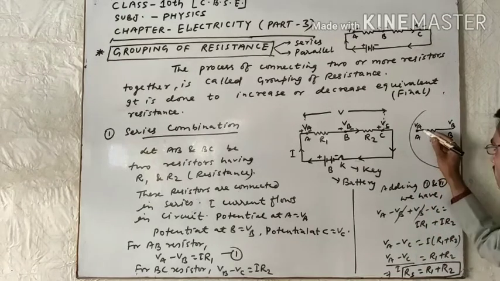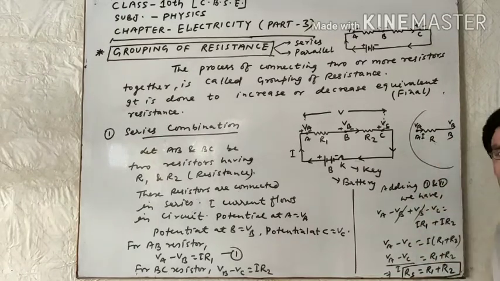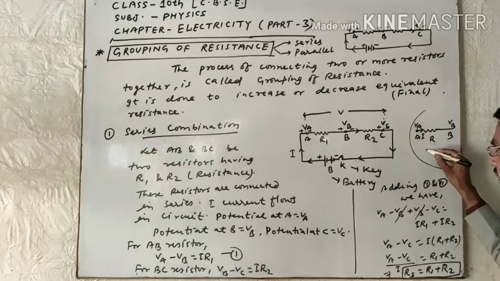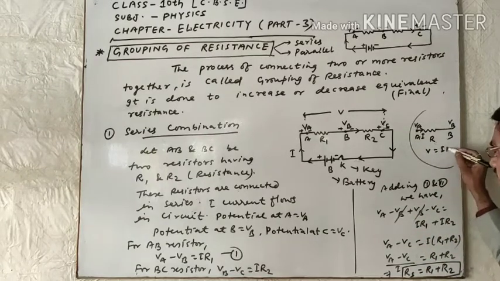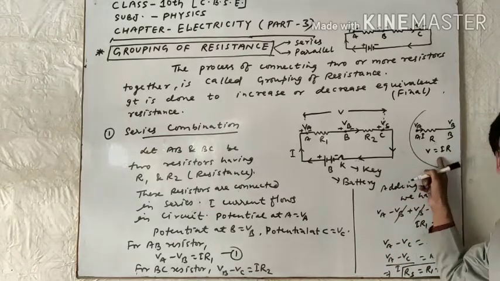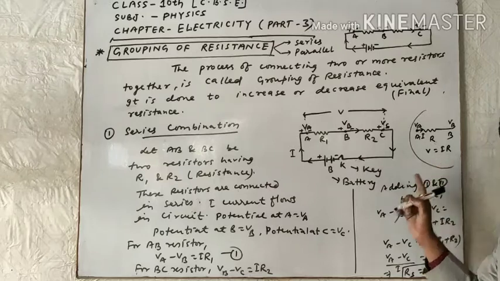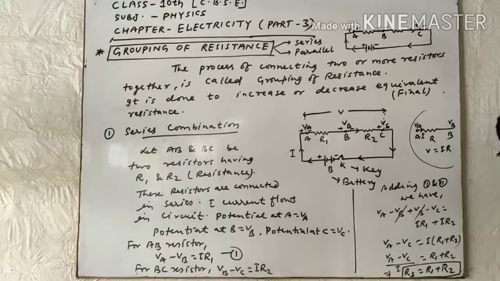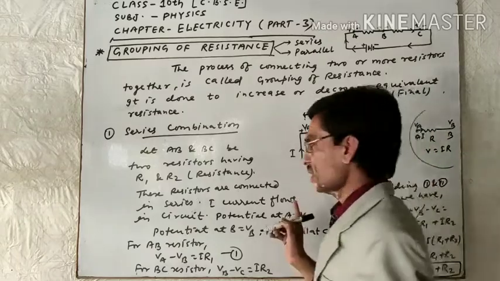Resistance is R. As current flows, this is I. So by Ohm's law, we know that V equals IR. Potential difference is the product of current and resistance of that conductor. We will also apply this Ohm's law in the grouping of resistance.